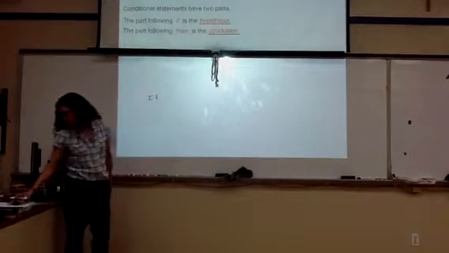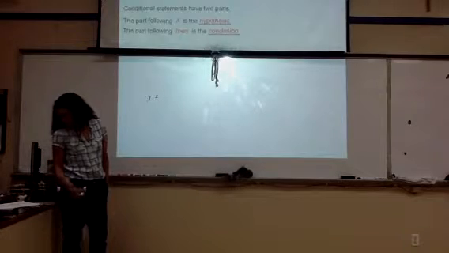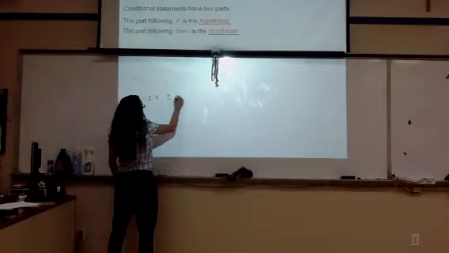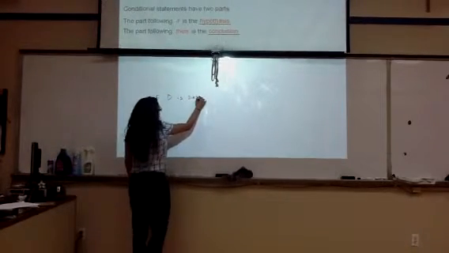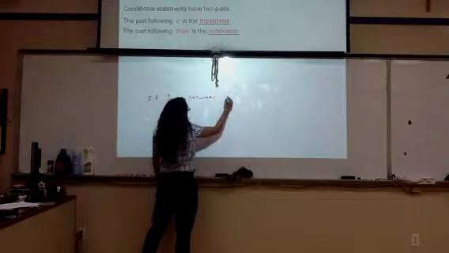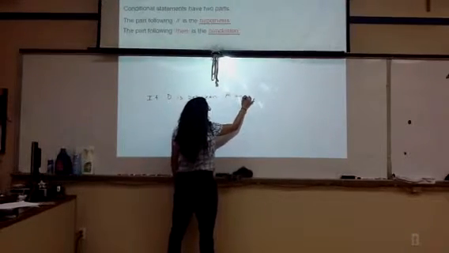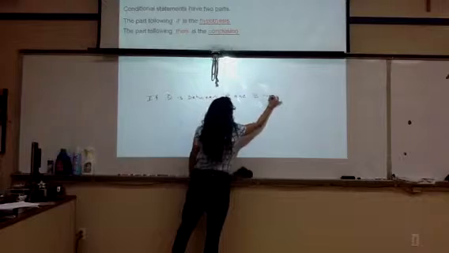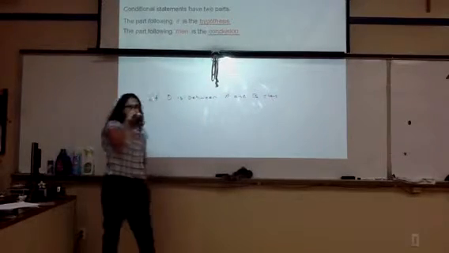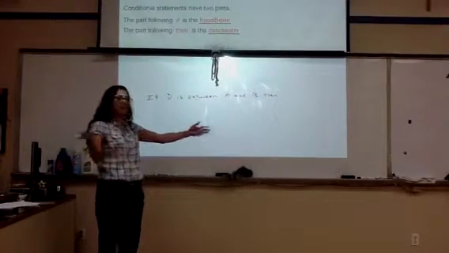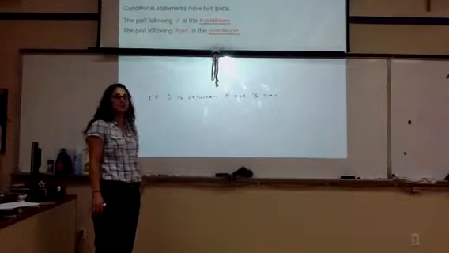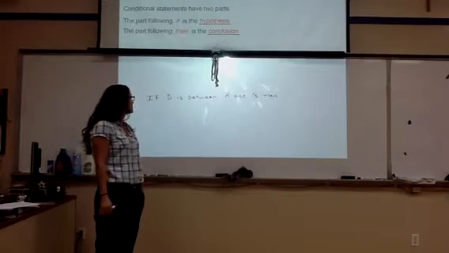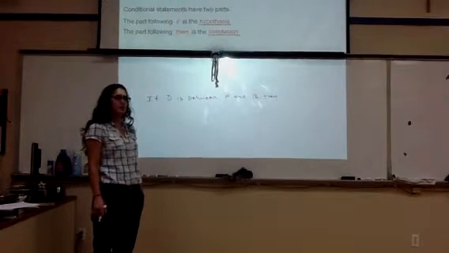If D is between A and B, then what do we know? I'm basing this off of one of our vocab, our first postulate of the year, the segment addition postulate. Who remembers that?